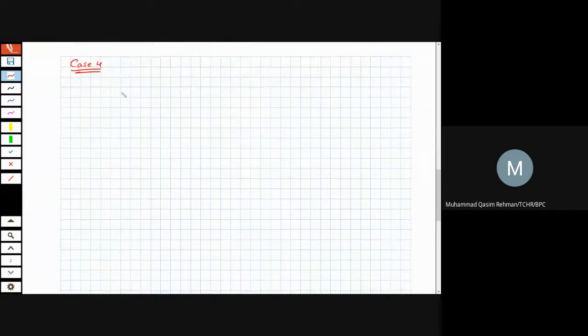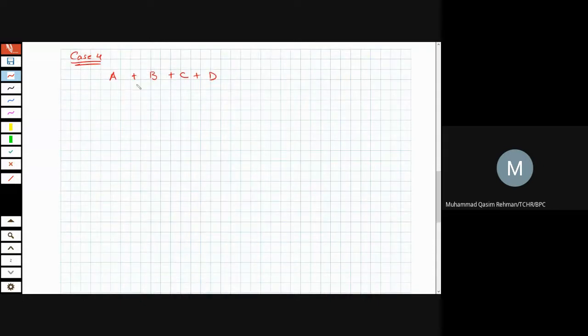Whenever you have four terms, A, B, C, and D, then what you do is you take common, but there is a separate way of taking common for this one. Common by grouping.